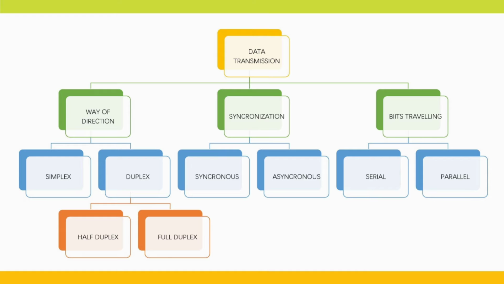In half duplex, data travels in one direction at a time, and in full duplex, both directions are there at a time. For example, in a hard drive, the data travels from both ends at a time.